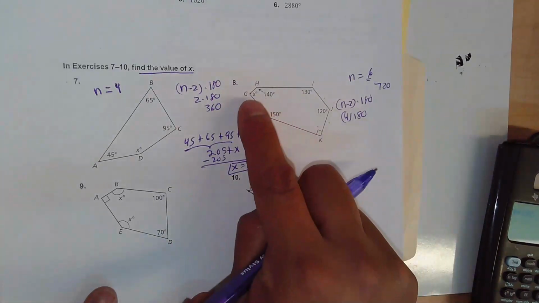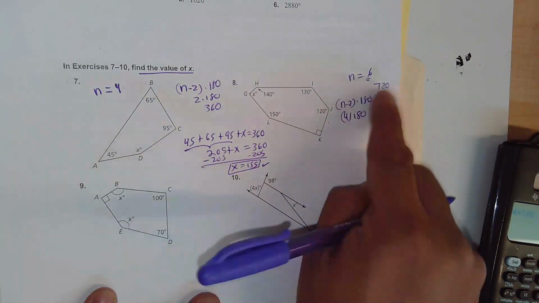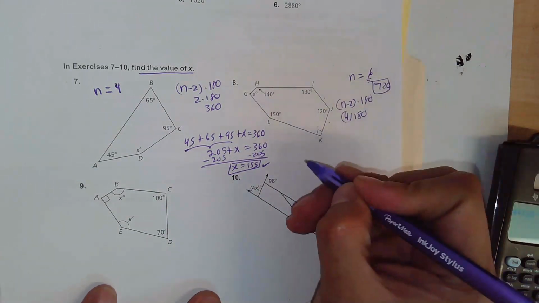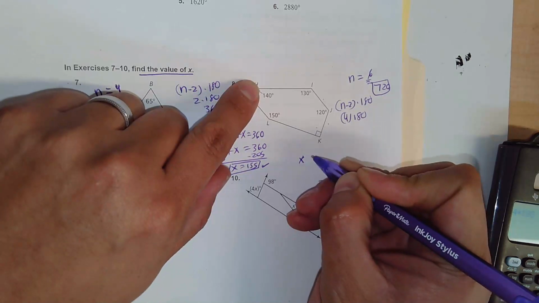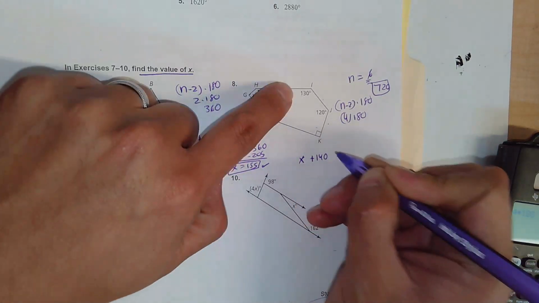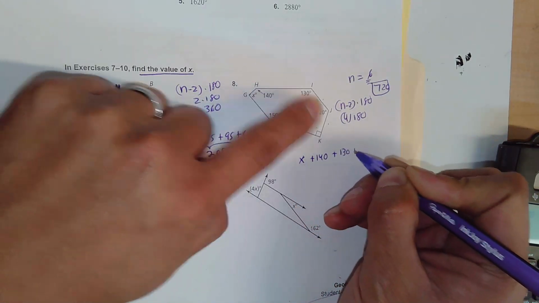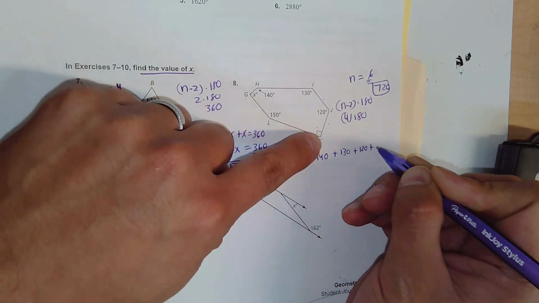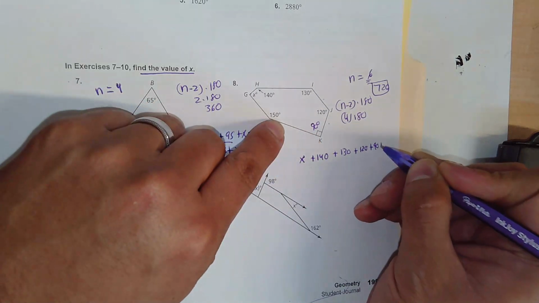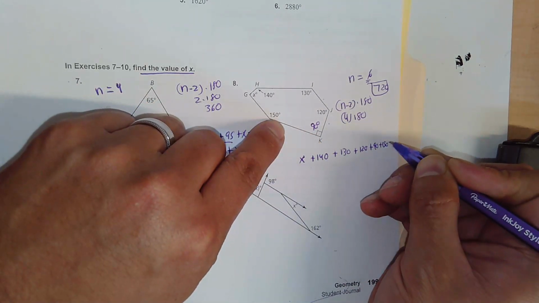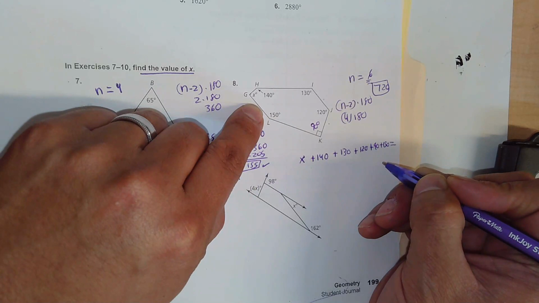Now we're going to set the sum of all these angles equal to 720. Here's how you do it. We can start with x plus 140 plus 130 plus 120 plus 90. Don't forget that's 90 plus 150 equals 720.